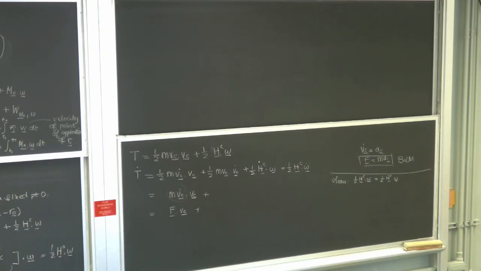And I'm going to do that using components. I'll take a shortcut and just assume that omega is along e_z, but this is true even if the angular velocity is not just along e_z.